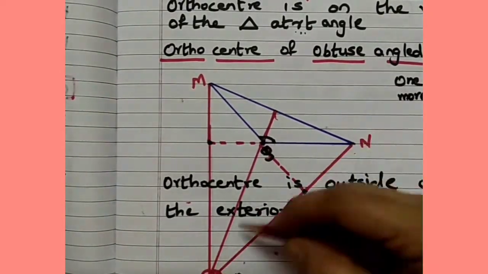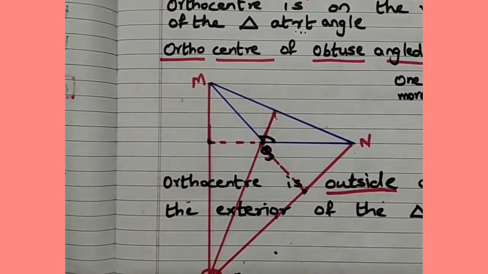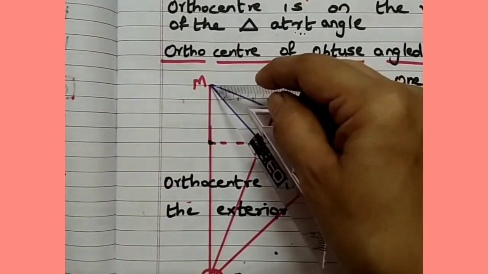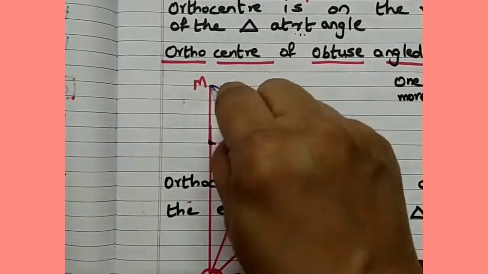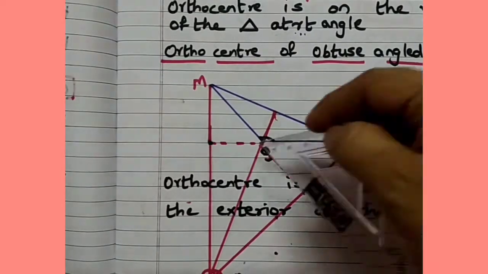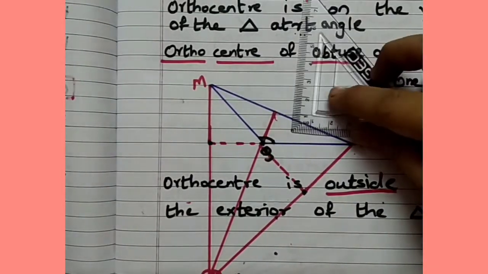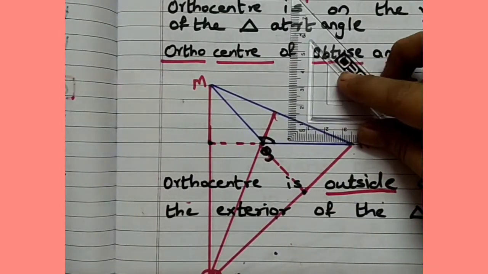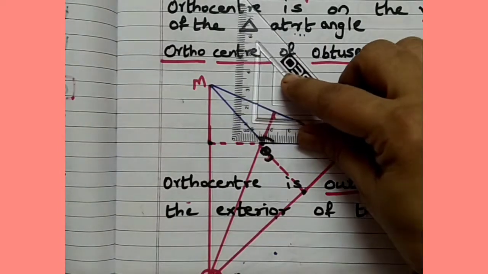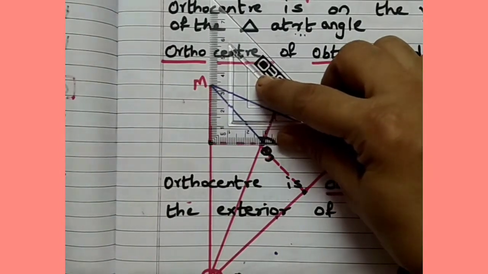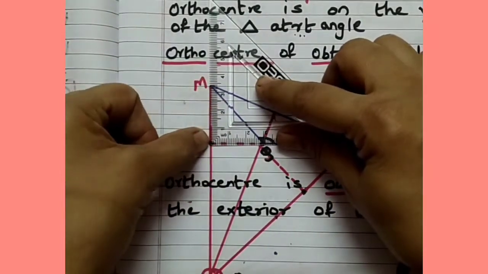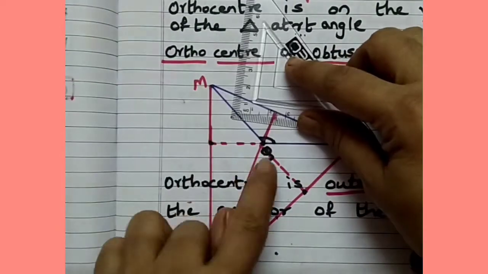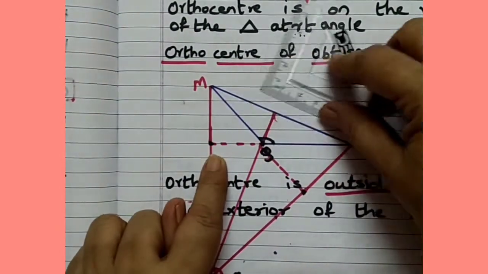Now in an obtuse angle triangle, what happens? See, if I try to draw the altitude from this point M to this side QN, I have to keep my set square over here, and I have to move until I come to this point M. But where do I come at this point M? I have to draw the segment here till here. I will extend this side.